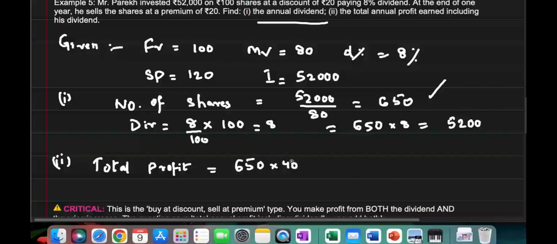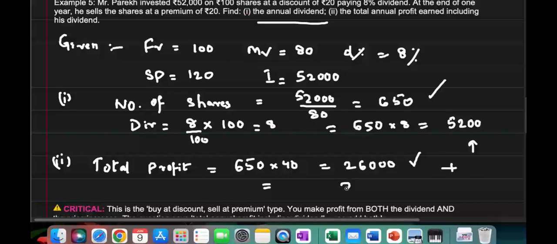If you multiply, that is 65 into 4 is 260, so 26,000. 26,000 he has got as profit only from the market value, which has increased. Now, plus one more thing he has got, which is this 5,200. So the total profit will be 31,200.